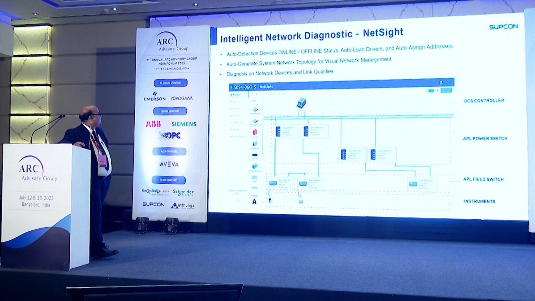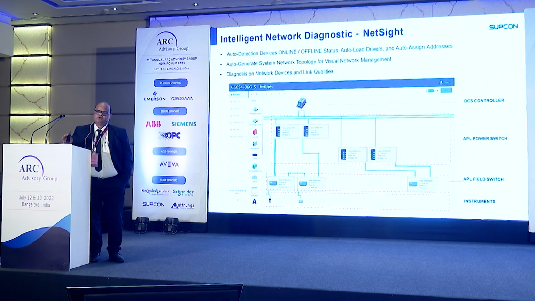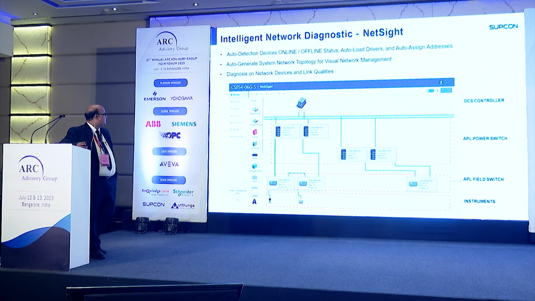This is the intelligent network diagnostic, what they are doing. In this, we are having the DCS controller, power switch, APL field switch, and instrument. So there is an auto detection system, that is whether the system is offline or online, auto load drivers and auto assign address. If you are changing anything, it will assign the address automatically. Auto generate the system network topology for visual network management and diagnosis on the network devices and the link qualities.